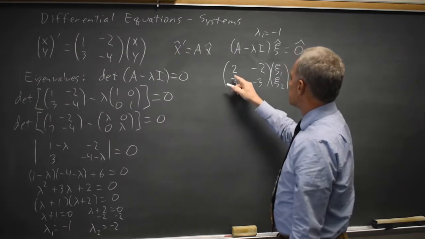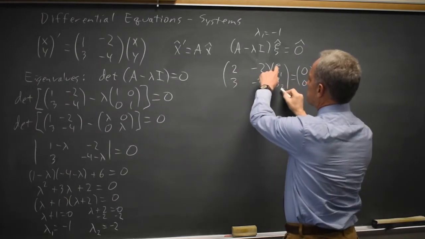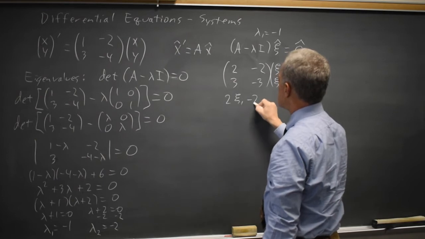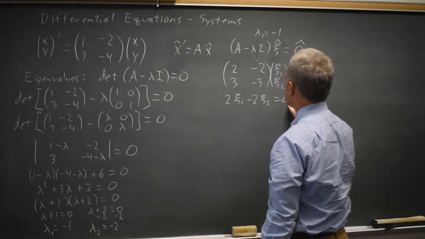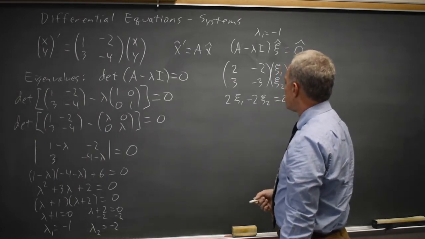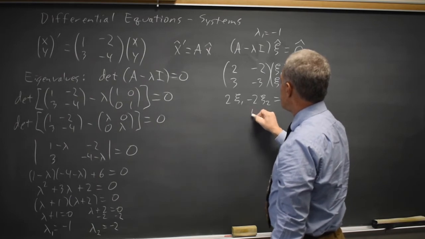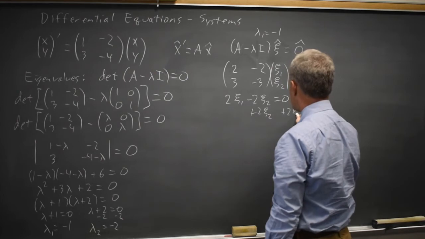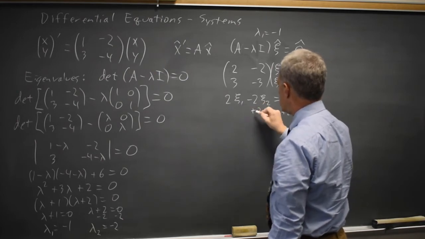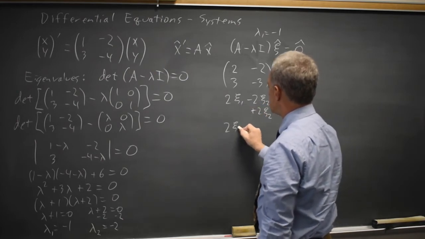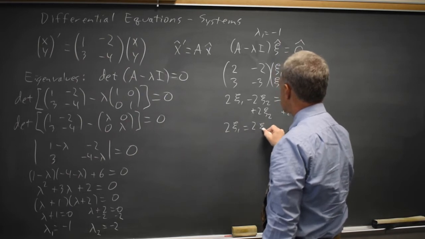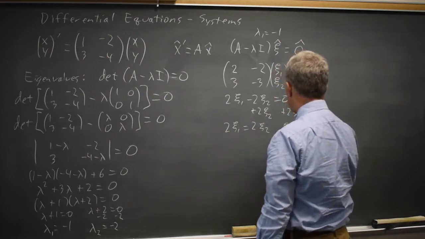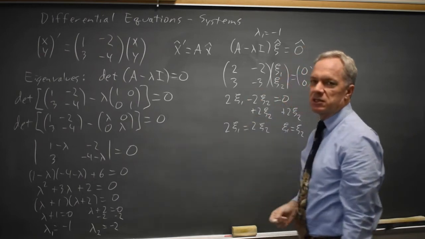And the first row times vector C equals 0, so 2C1 minus 2C2 equals 0. Moving the 2C2 to the other side, I get 2C1 equals 2C2, or C1 equals C2, and the second row gives me the same equation.